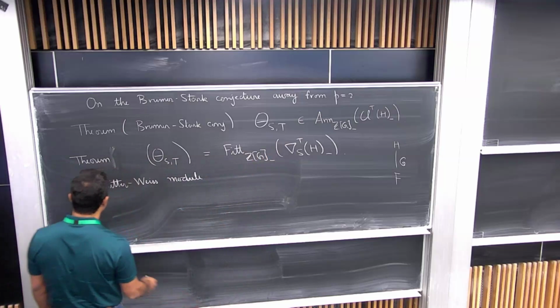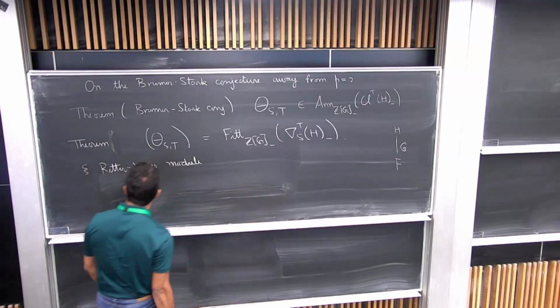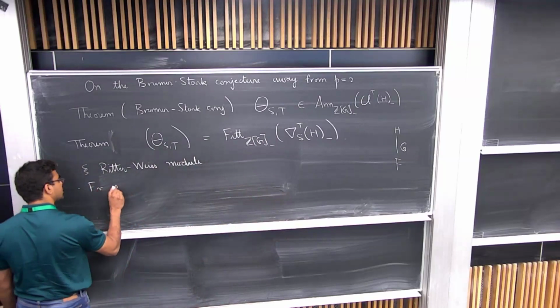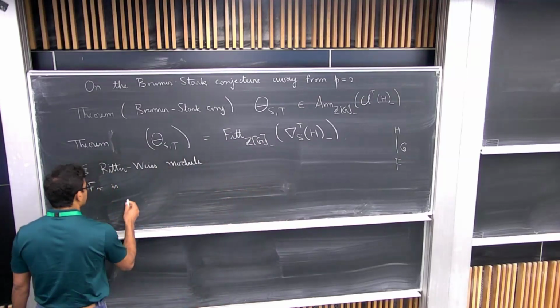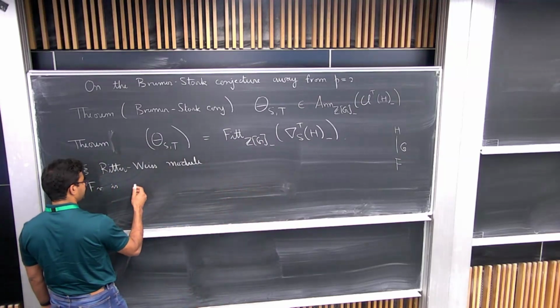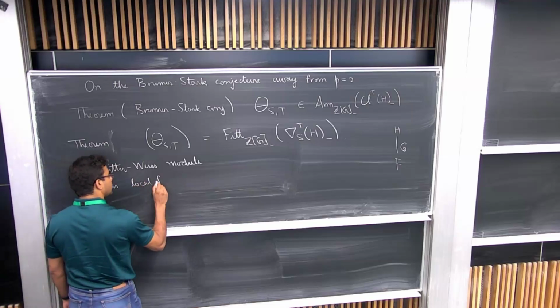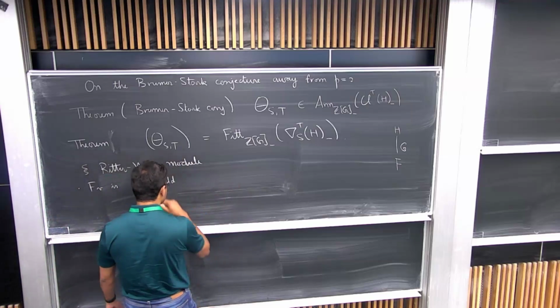Recall from class field theory that if F_v is the completion at some place v, then we have the class module and class formation.